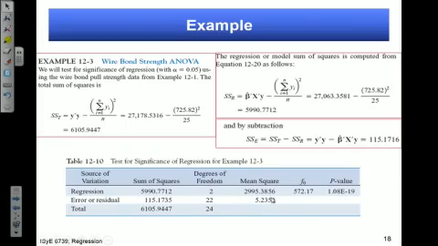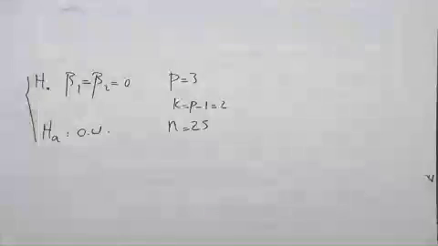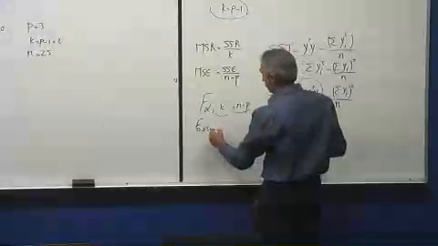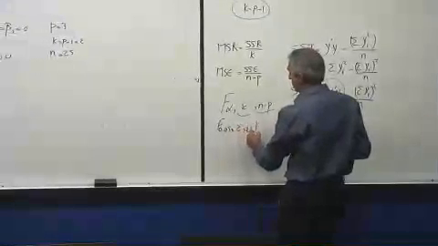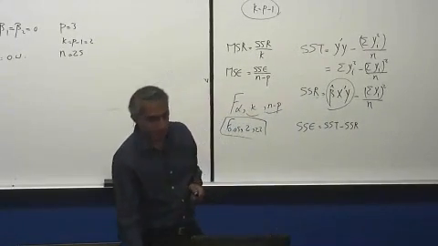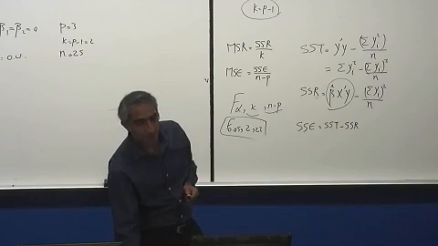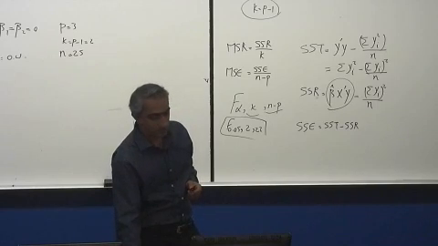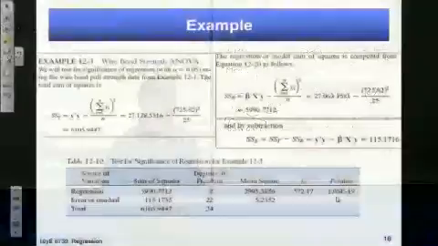So F is the ratio of these two mean squares, and you get this F. You compare it with F of 0.05, 2, and 22 degrees of freedom. And this number is way too large, so it's definitely significant. As you can see, the p-value is very small, it's close to 0.